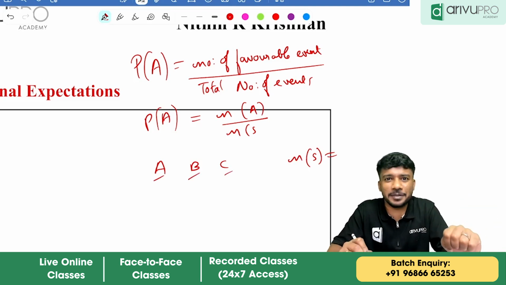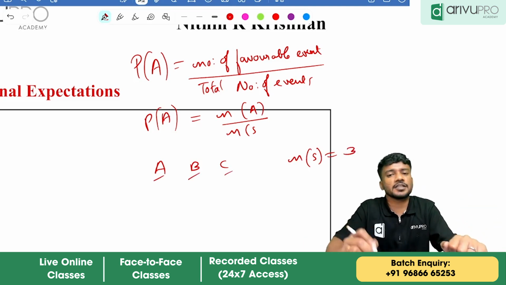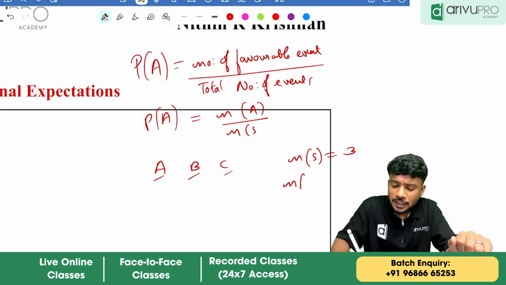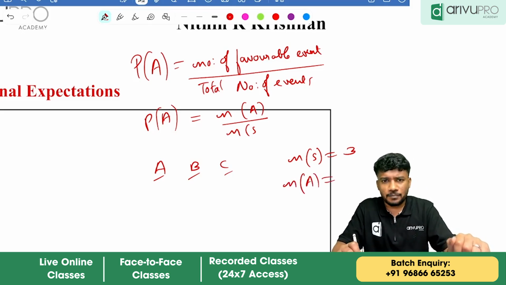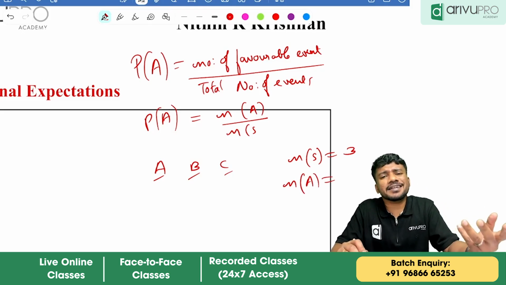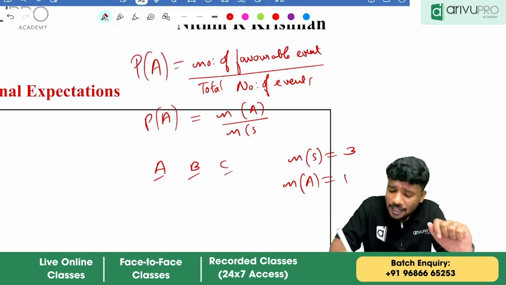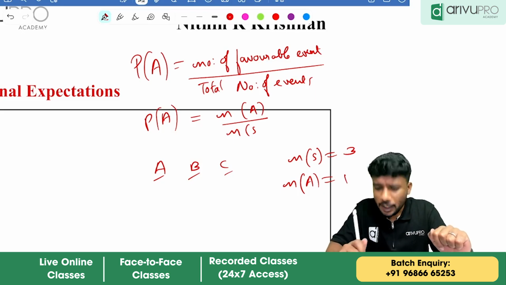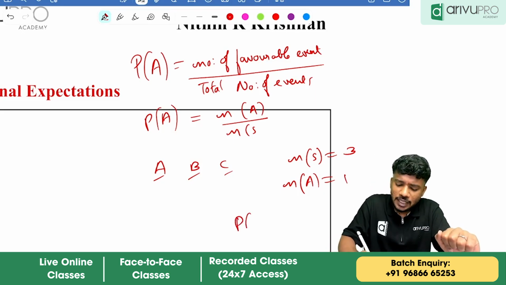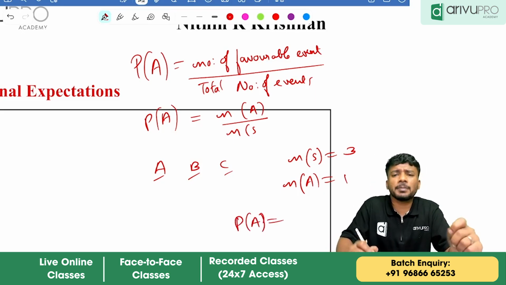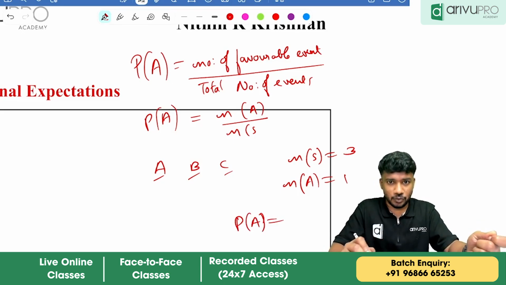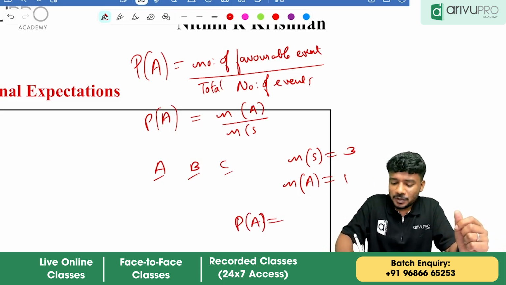Any of the three can be the outcome. That means n of S is equal to 3. Now if you ask me the number of correct answers, there can be only one correct answer, right? That means n of A will be equal to 1. Using this logic, the probability of getting a correct answer in the examination is nothing but 1 divided by 3.